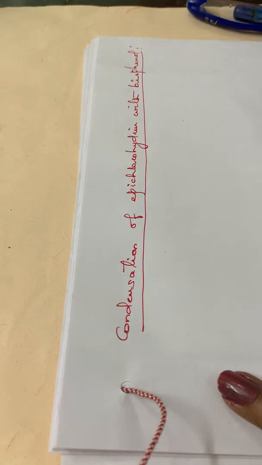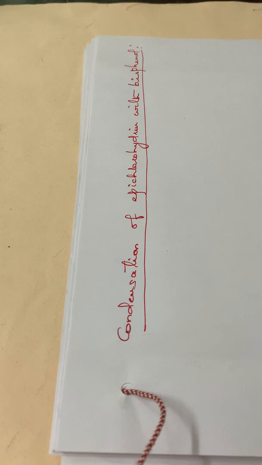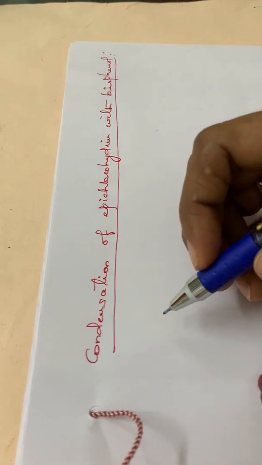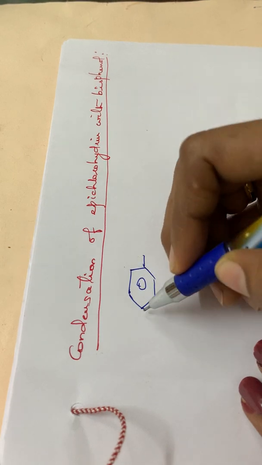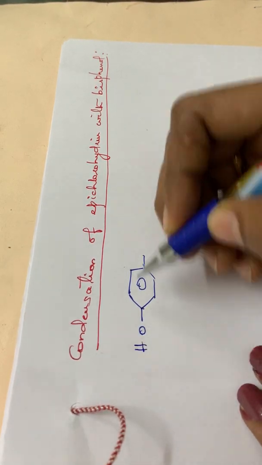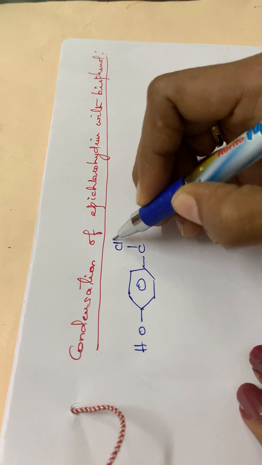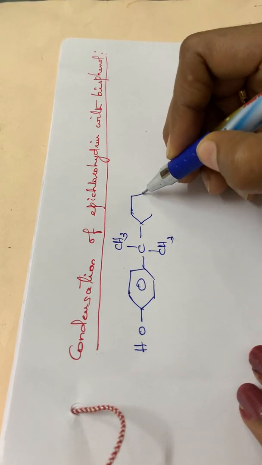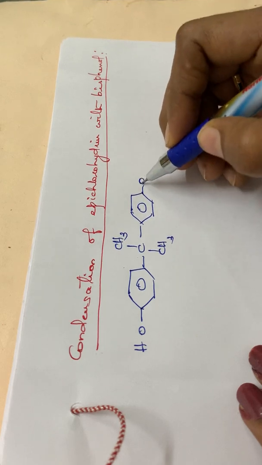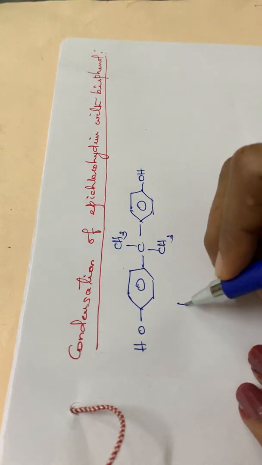You have to write both the compounds. Bisphenol, first of all, OH, then here it becomes C, CH3, CH3, then OH. So this is bisphenol.